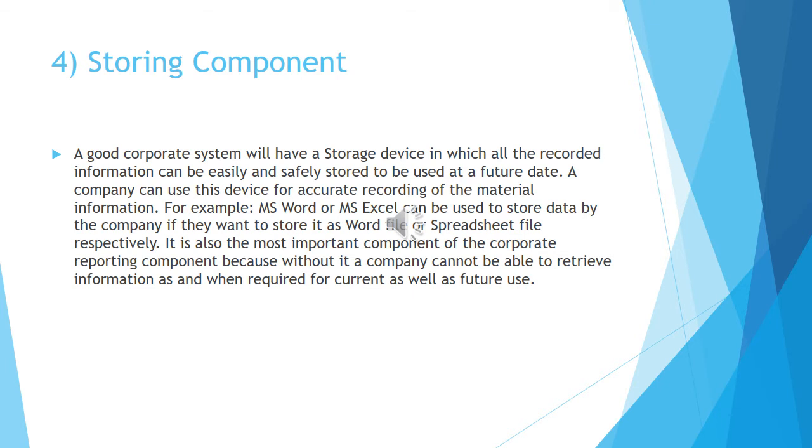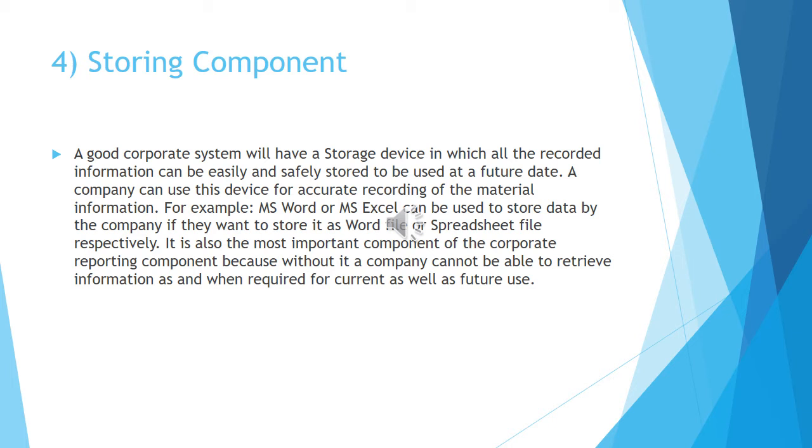The fourth component is storing component. A good corporate system will have a storage device in which all the recorded information can be easily and safely stored to be used at future date. A company can use this device for accurate recording of the material information.